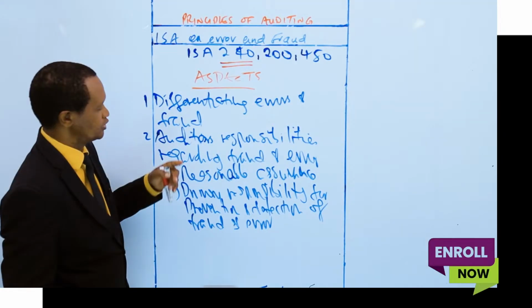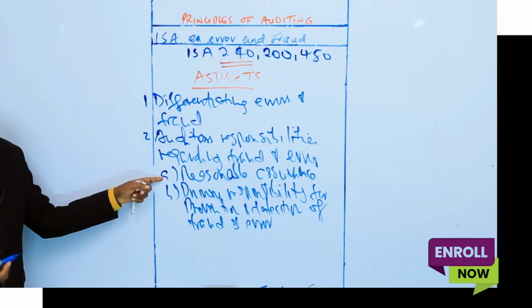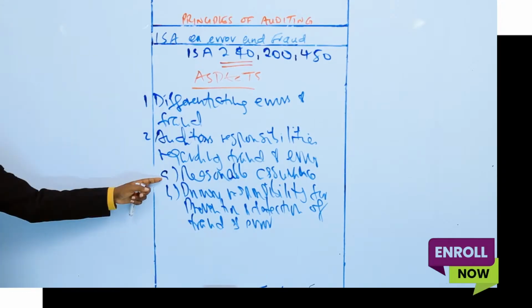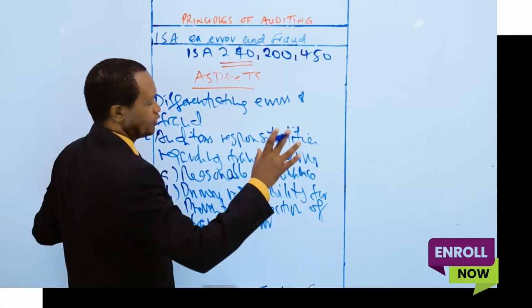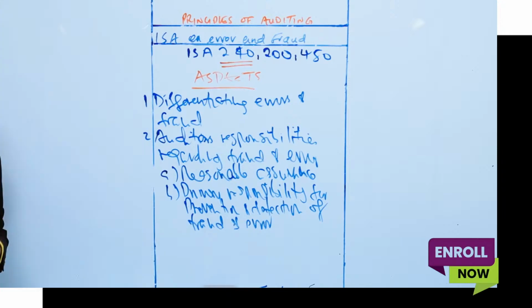The auditor's overall objective as per ISA 200 is to obtain reasonable assurance that the financial statements as a whole are free from material misstatements. So those charged with governance, the board of directors, their responsibility is to prevent and to detect fraud.